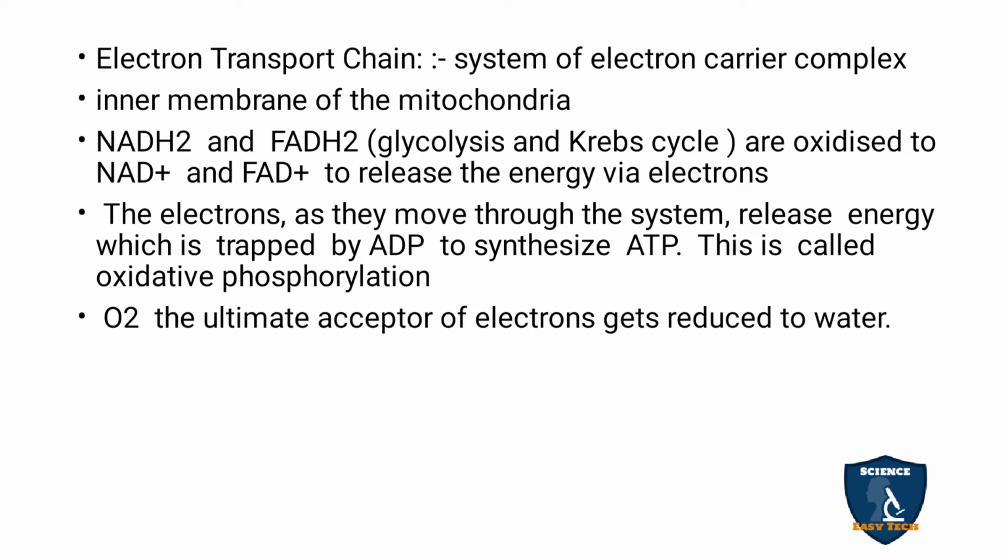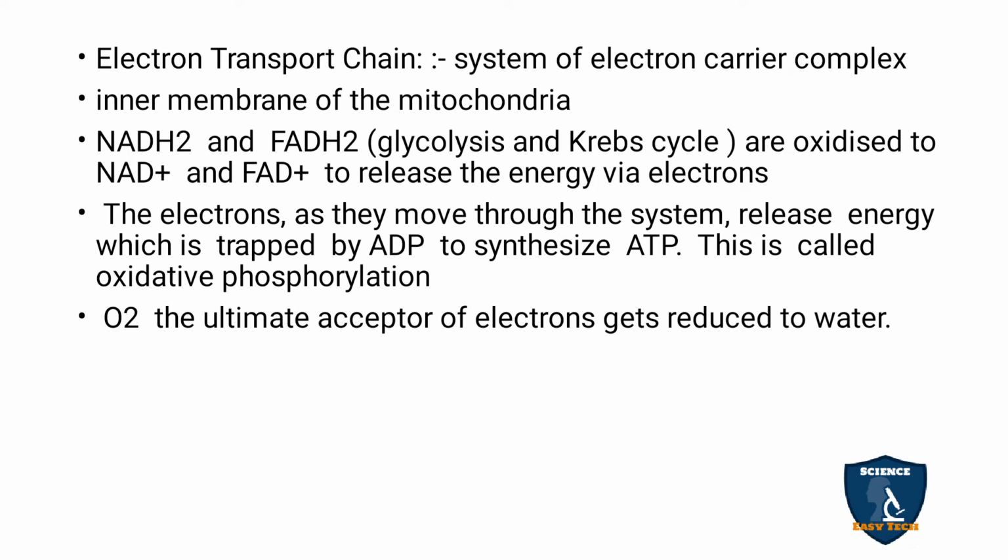That energy is stored as ATP. Where does this electron transport take place? In the inner membrane of the mitochondria, which contains cristae and F1 particles. There the ATP is synthesized and stored.